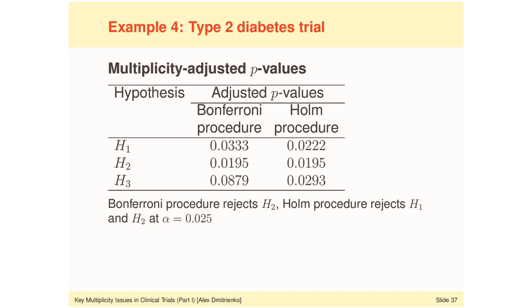We can see here that the adjusted p-values for the Bonferroni procedure are given by 0.0333, then 0.0195, and 0.0879.